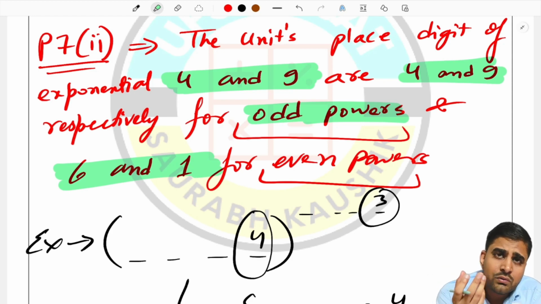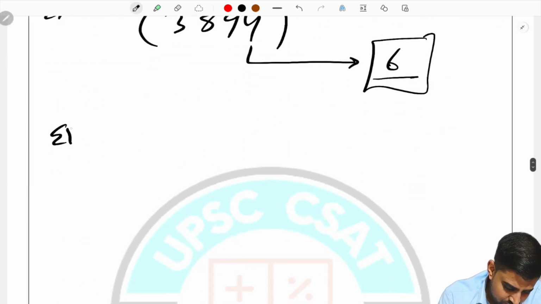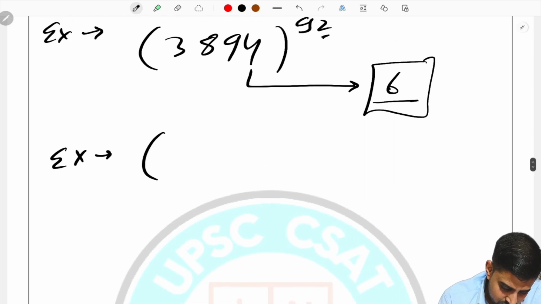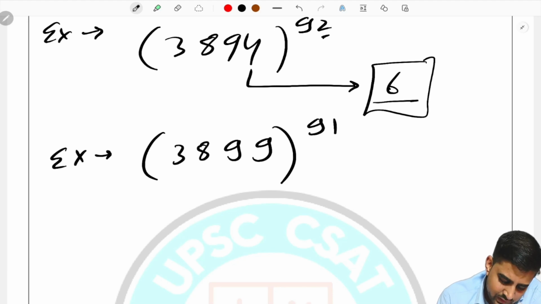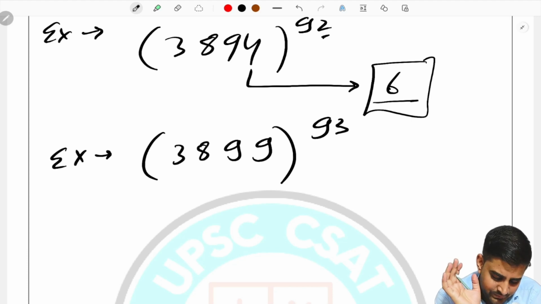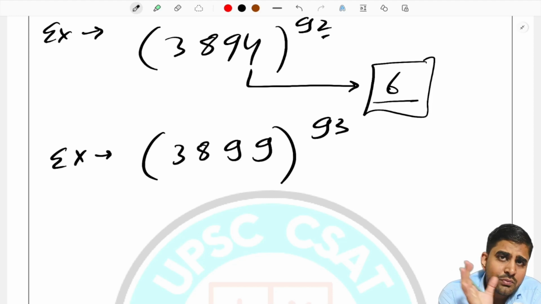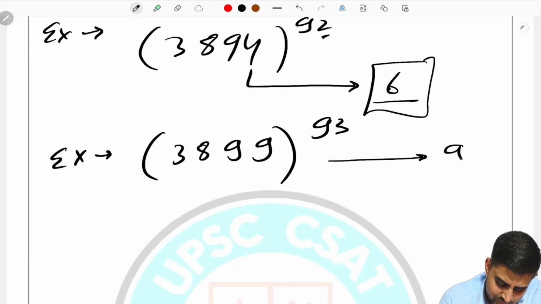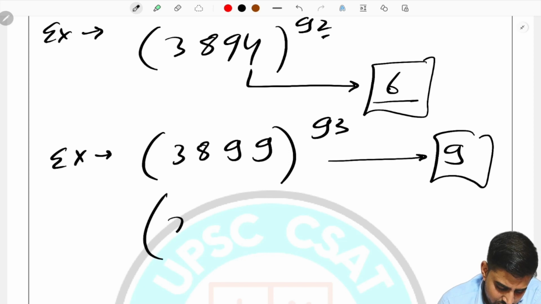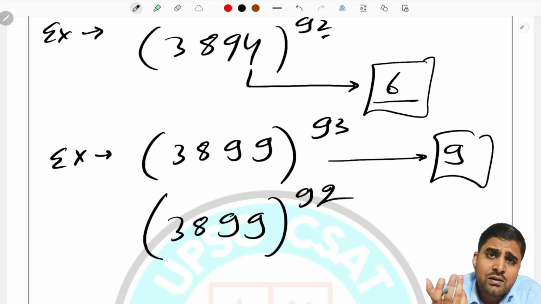Let us take the example of 9, and take the odd power. We took the odd example here. Now what does it say? If it is odd, keep them unchanged. It means 9. And if it is even, then make it full.